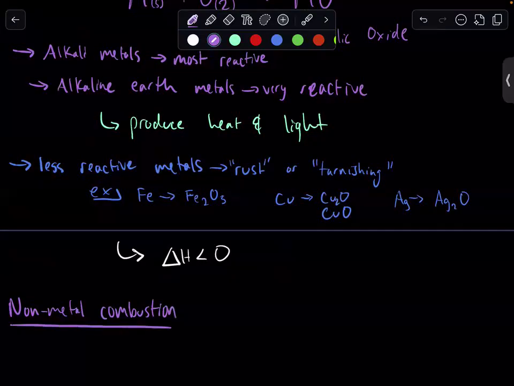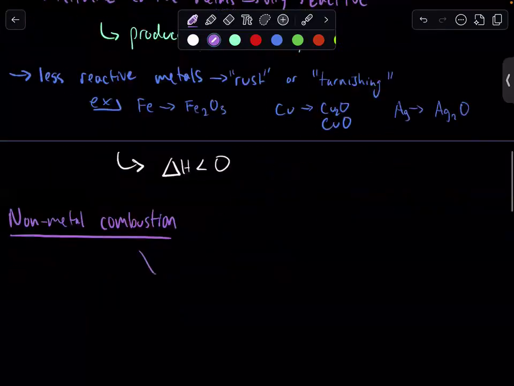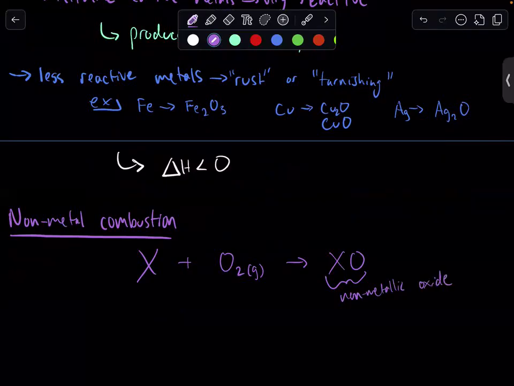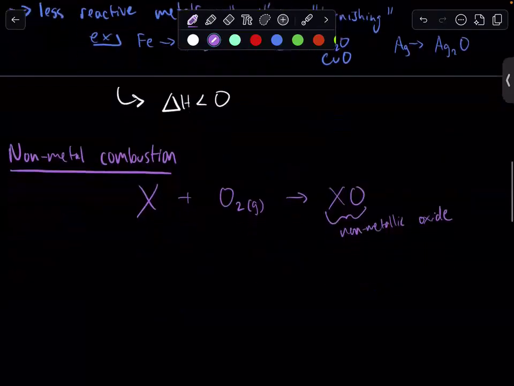It's very similar in the start. Instead of a metallic oxide, our non-metal plus oxygen will usually produce a non-metal oxide. So metals make metal oxides, non-metals make non-metallic oxides.